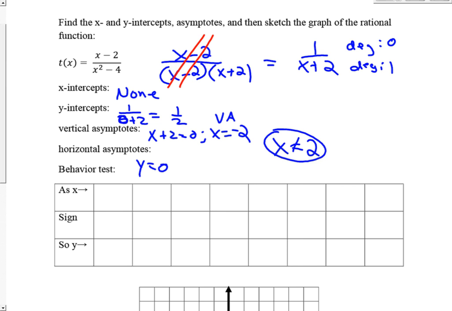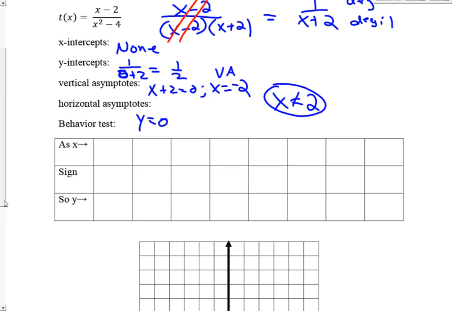Okay, now because we know that there's a horizontal asymptote, we know that there's not a slant asymptote. If we notice that the numerator had a larger degree than the denominator, then we'd have to make sure to see if there's a slant asymptote. And you're going to have to just know that for the test.